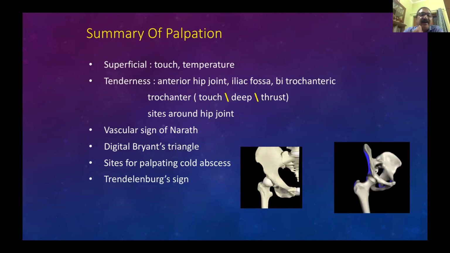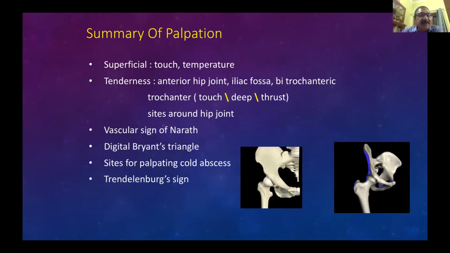You must make a note about the palpation of the trochanter, whether it is hard to touch, whether there is any roughness, or whether there is any crepitus felt during palpation of the trochanter. We have already palpated the femoral artery to locate the point of anterior hip joint tenderness. At the same time, either this test can be done at the last, or at this juncture you can compare the two femoral pulses and see whether the hip joint you are examining has weak pulses compared to the other hip joint.